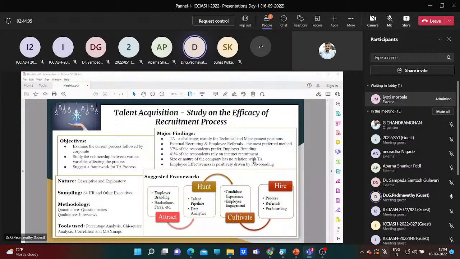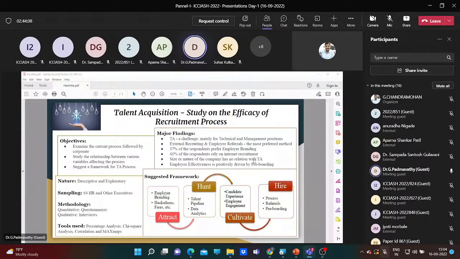And we also looked at employer branding, pre-boarding, and candidate sourcing to increase the efficacy of the recruitment process. Moving on to the findings of the study, the major findings are: talent acquisition is a challenge for technical and management positions. Size or the nature of the company has no relationship with talent acquisition.